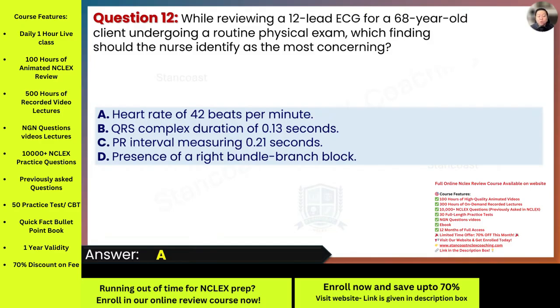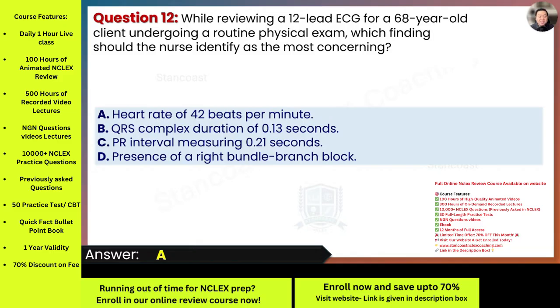For older adults, a heart rate that low could be indicative of a significant issue, such as sinus bradycardia, which can result from age-related changes in the conduction system, or could be due to medication side effects like beta blockers or calcium channel blockers, or even conditions like sick sinus syndrome, heart block, or hypothyroidism.